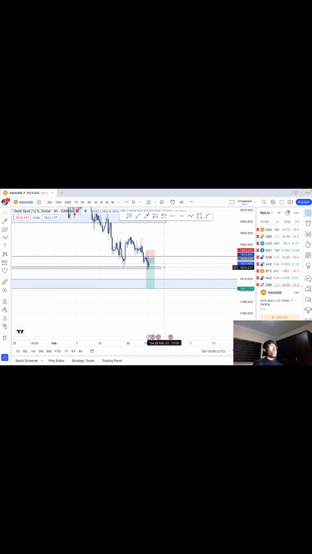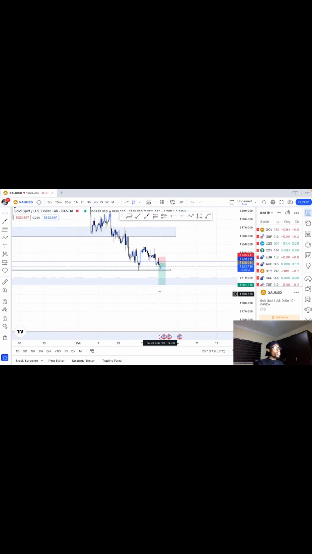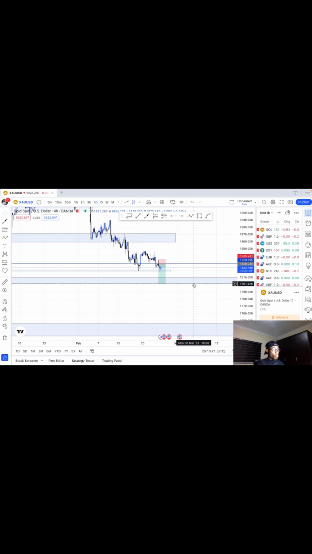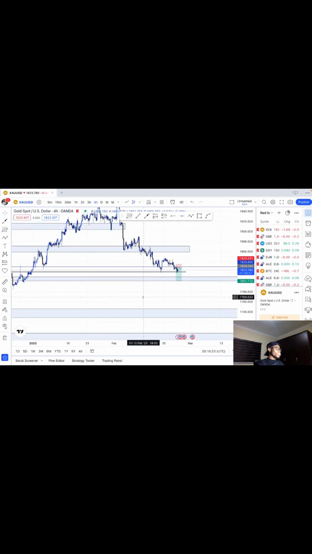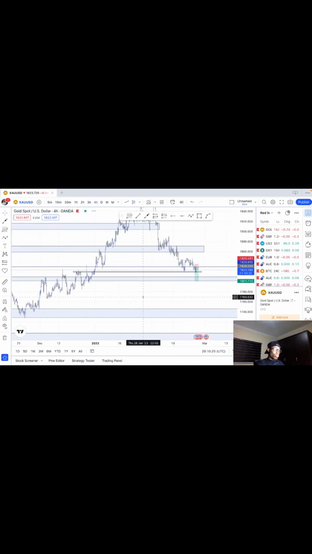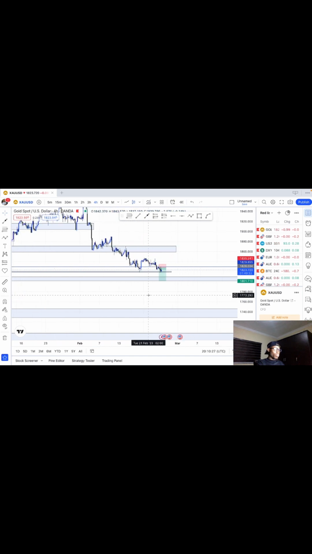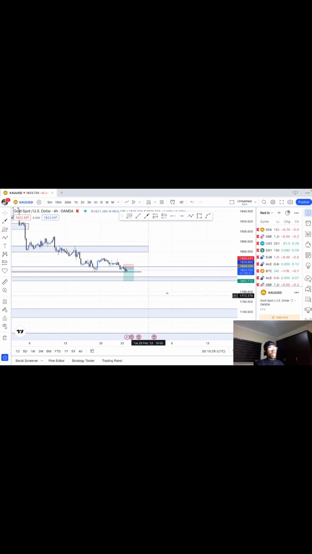You heard it here first. If gold can break 1.820, gold is heading to 1.801. And once gold breaks 1.801, there are other zones gold will head to. I will analyze it later and show you.